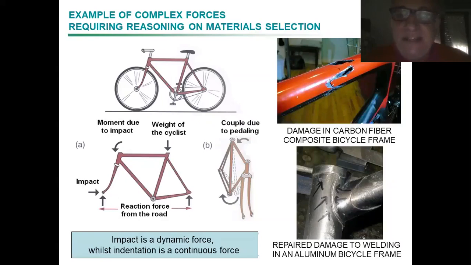Impact is different from indentation. You may remember that we were measuring indentation to assess the hardness of our materials, and indentation means that you push with a tip or with a hard ball on your material surface, and then you measure the dent you get.